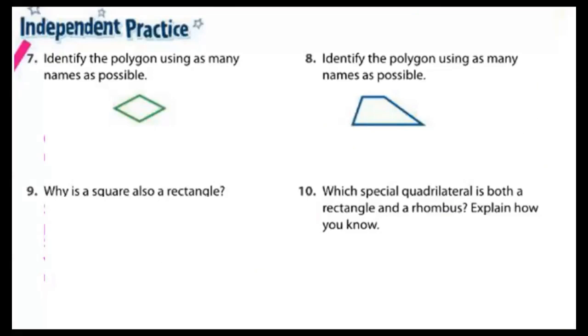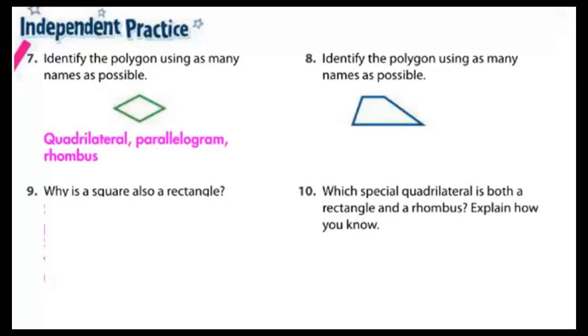Okay, we are going to select all the names, maybe satisfy the shape in front of you. So the first one in number 7, the green shape, may be quadrilateral, maybe parallelogram, maybe a rhombus. So I can name this green shape as a quadrilateral. Why? Because we have 4 sides, closed shape formed of 4 sides. This is quadrilateral.